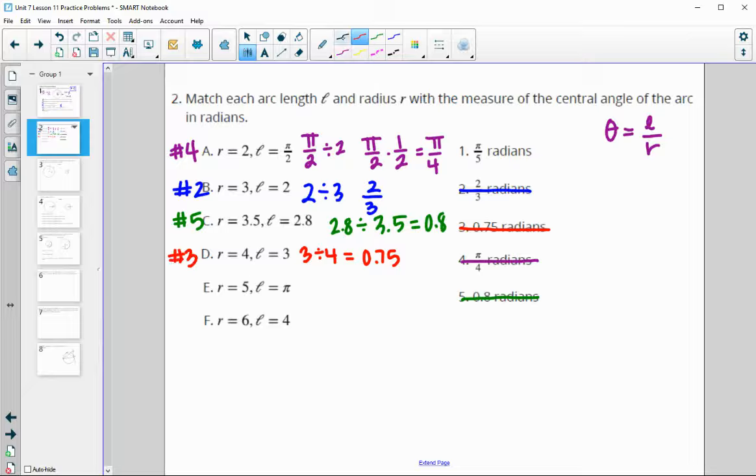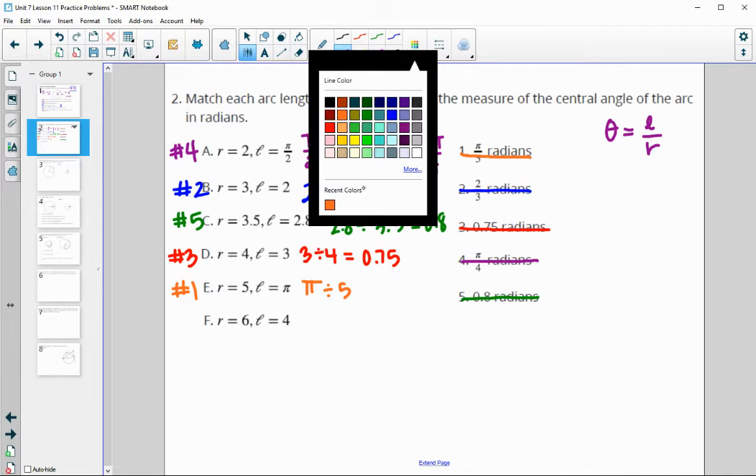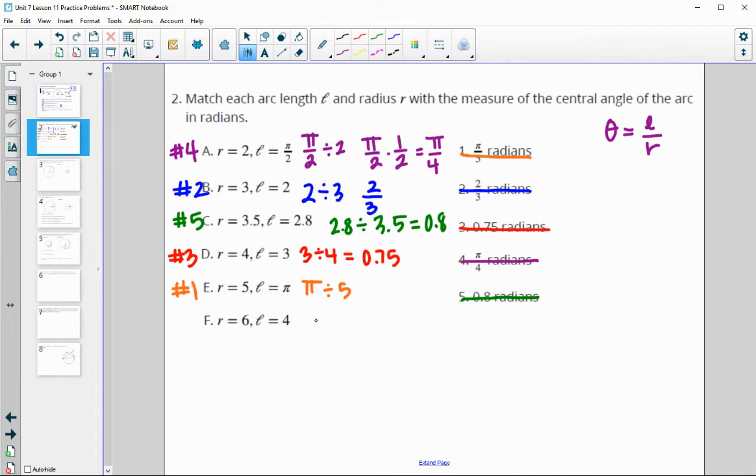E has pi divided by 5, and we see that in number 1. So there must be a repeat answer. For part F, this one is 4 divided by 6, which is 4 over 6, which simplifies to 2/3. So that was again number 2.